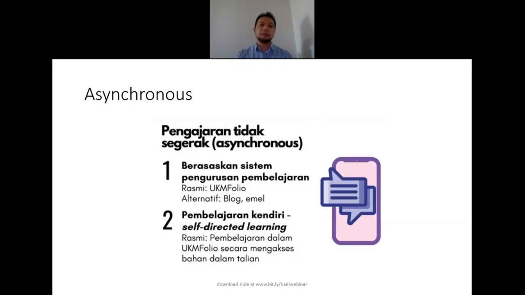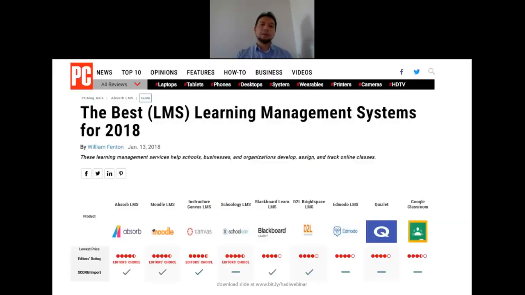Okay. Asynchronous. So here I want to share some survey from PCMag, Best LMS, learning management systems for 2018. So we have many types of LMS: Moodle, Canvas, Schoology, Blackboard, Google Classroom, etc. Okay. All have their own advantages and disadvantages, and some of these are the most commonly used throughout the world.